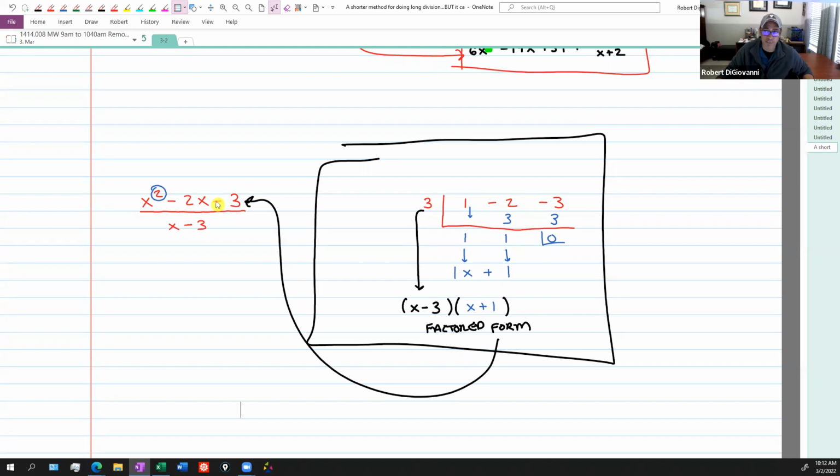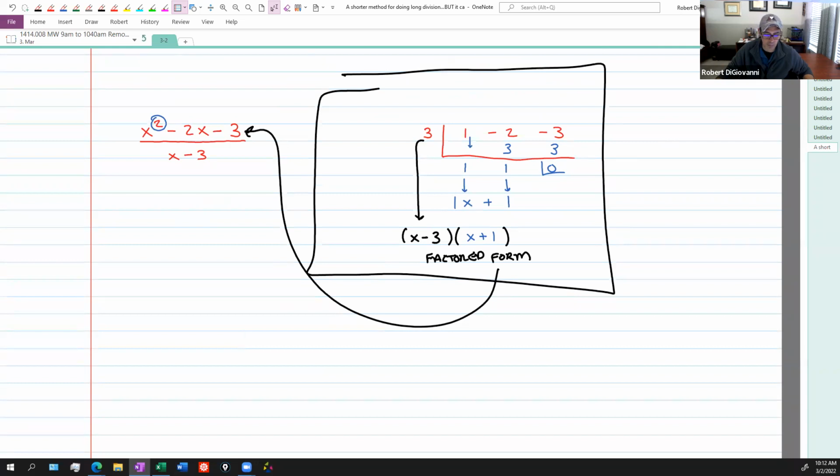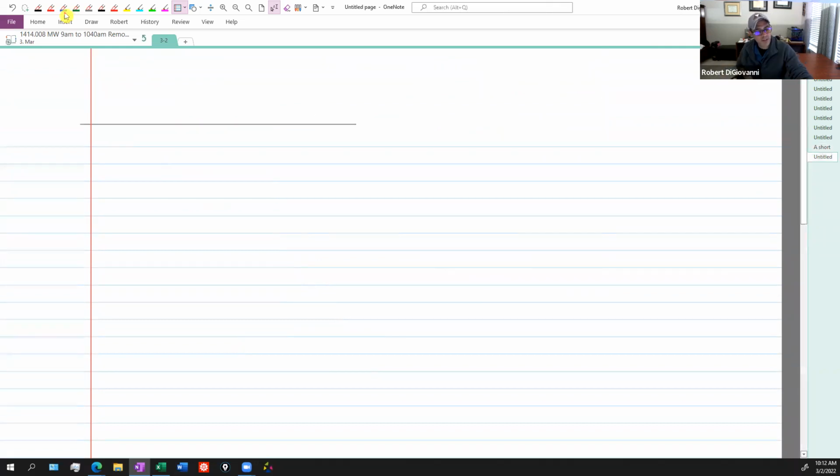Let's do one more example before I give you the big result here today. Let's do this one. I want us to take 2x squared minus 5x plus 2, and I want us to divide this by, hold on, I want to make sure I get this right.